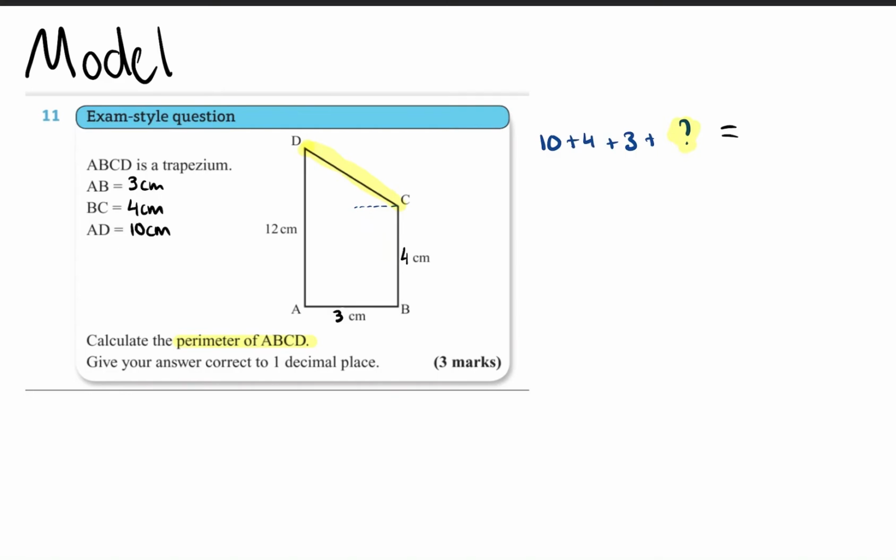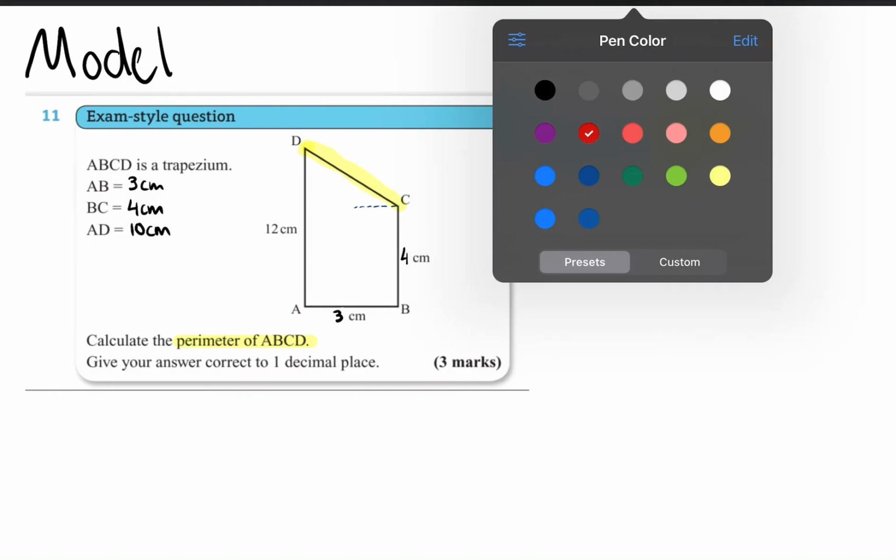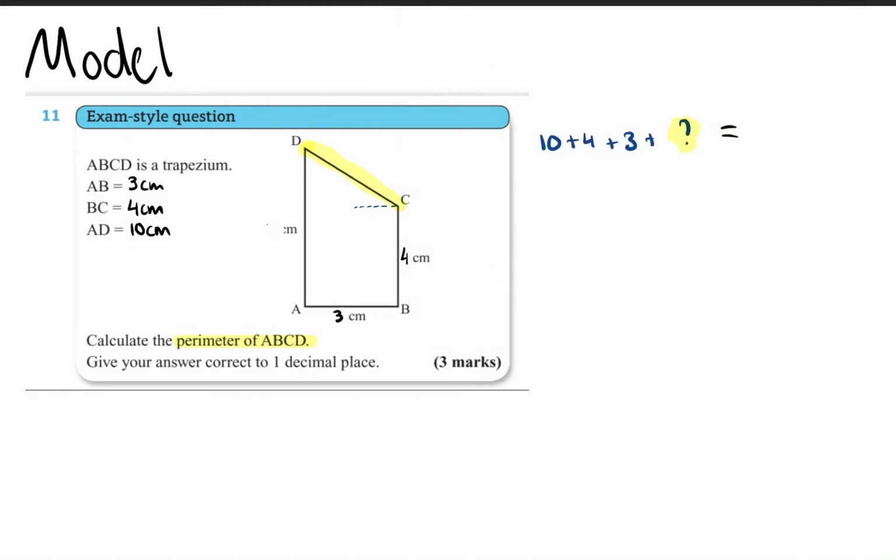Oh, sorry, I have accidentally got this wrong, let me just fix the question. That should say 10, so 10 centimeters. So add them all up. We've got 10, 10, 4, 4, 3, 3. And we don't know this length here.